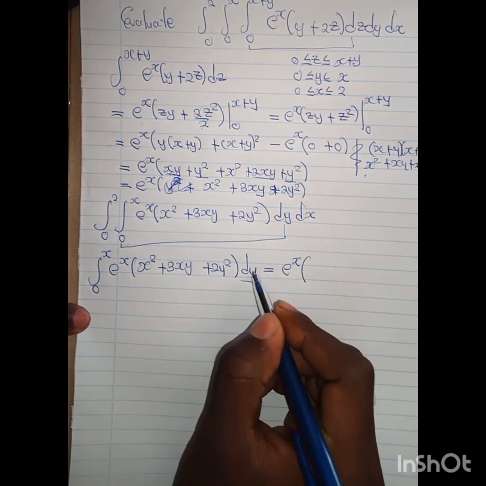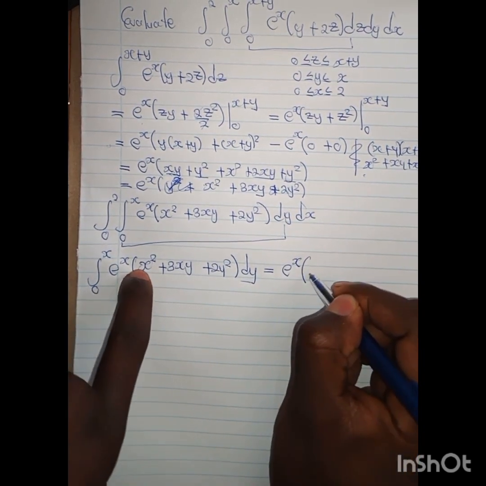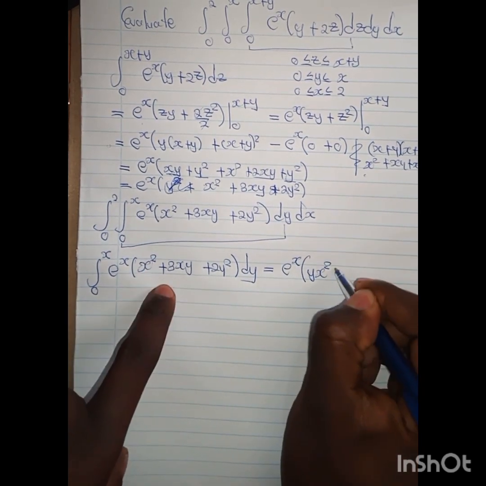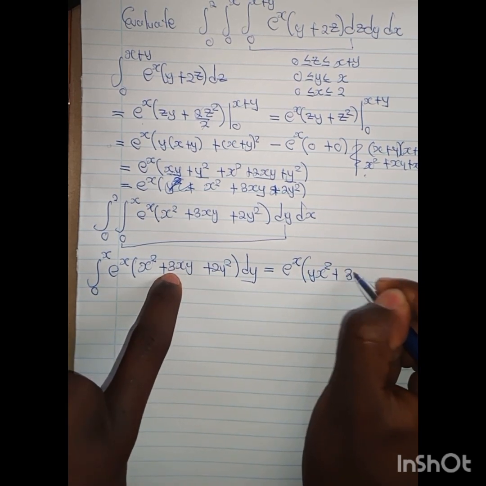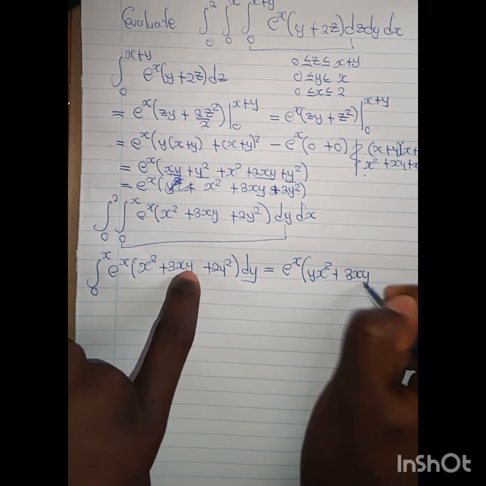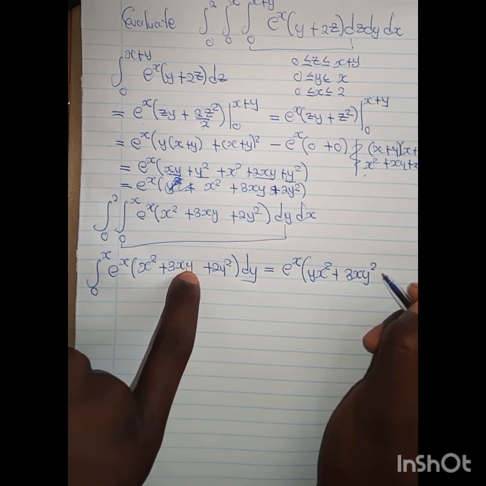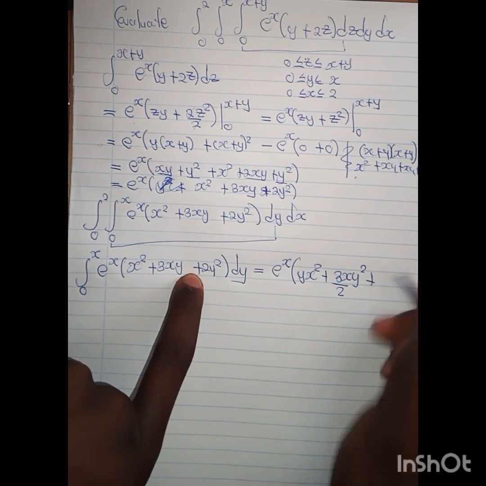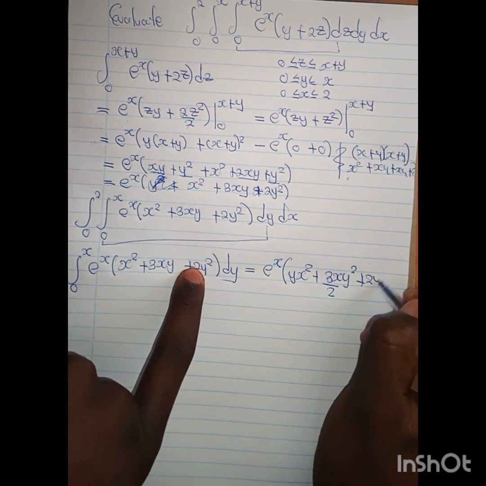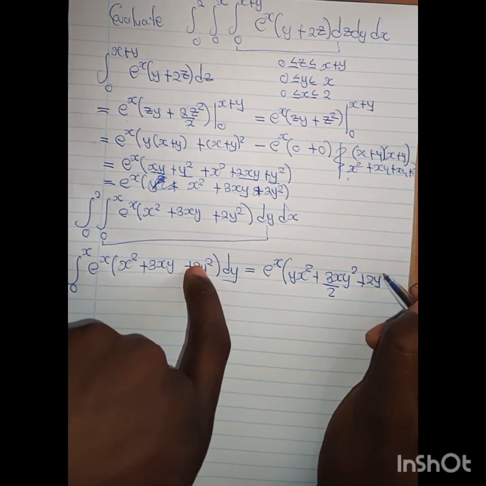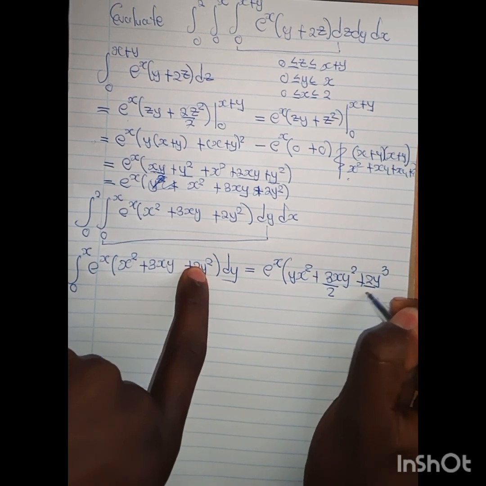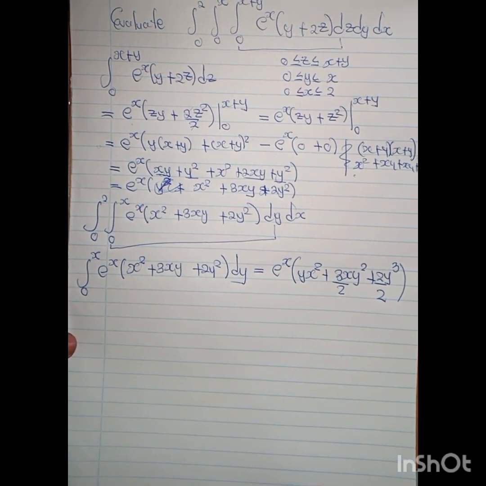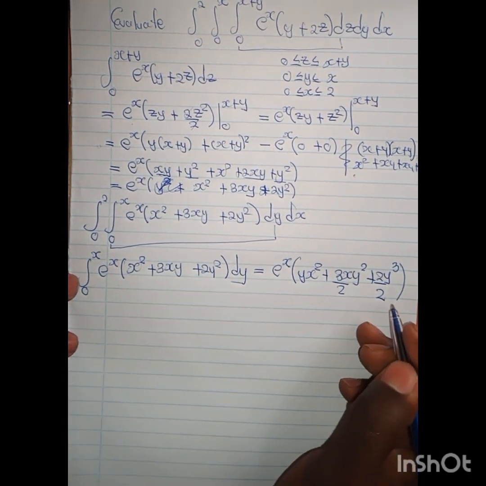When we integrate with respect to y, it means we multiply x squared by y, so we get y x squared, plus 3x times y squared over 2, plus 2 times y cubed over 3, because we integrate with respect to y and add 1 to the power.